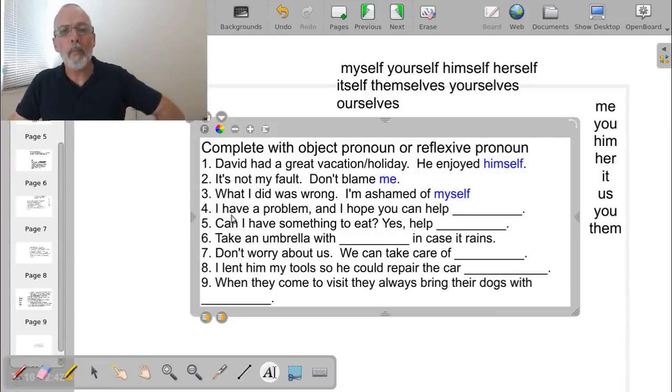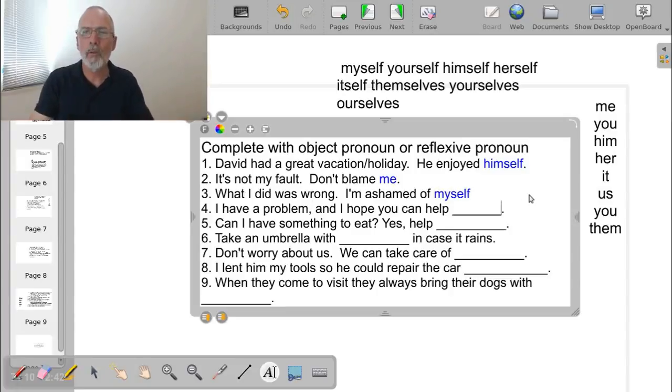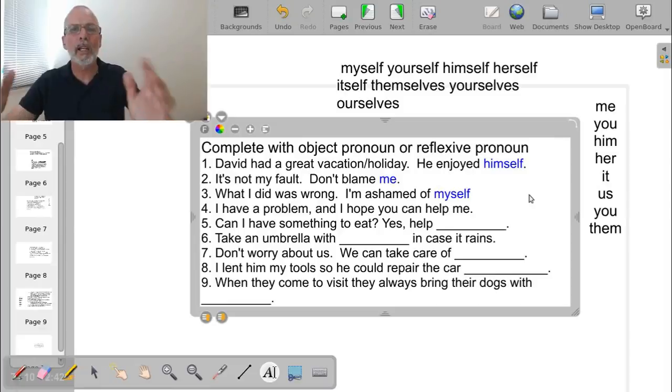Number 4, I have a problem and I hope you can help. What word do we put here? Gloria, Alex, Mirna, correct, me, because here I want you to help me. So you're the subject, I'm the object, two different things.